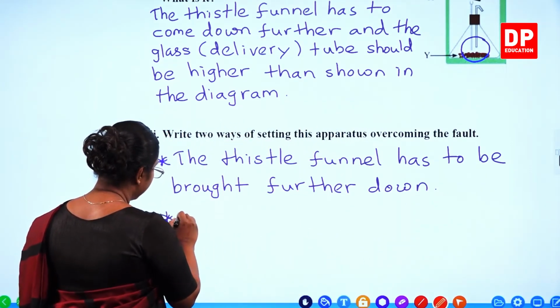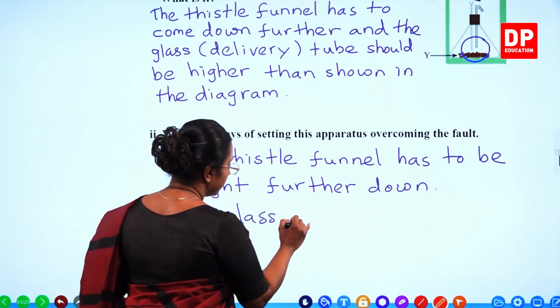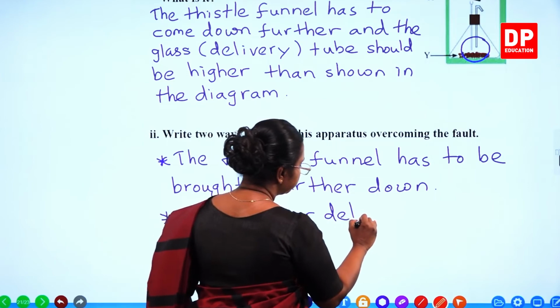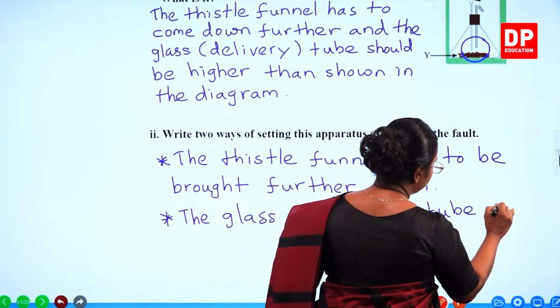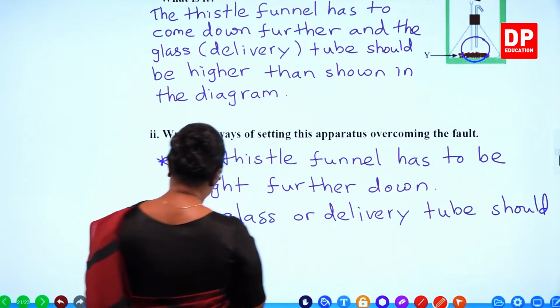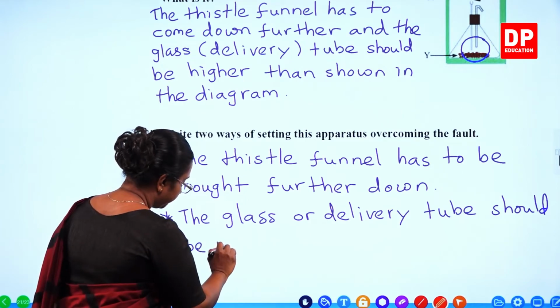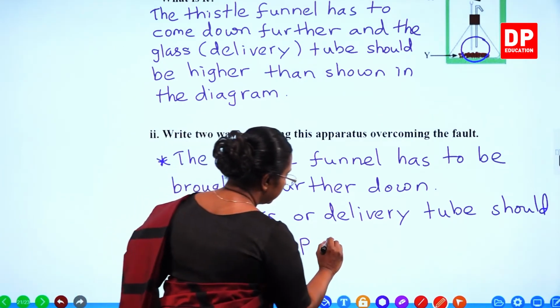And the second one, the glass or delivery tube should be moved up a bit more.